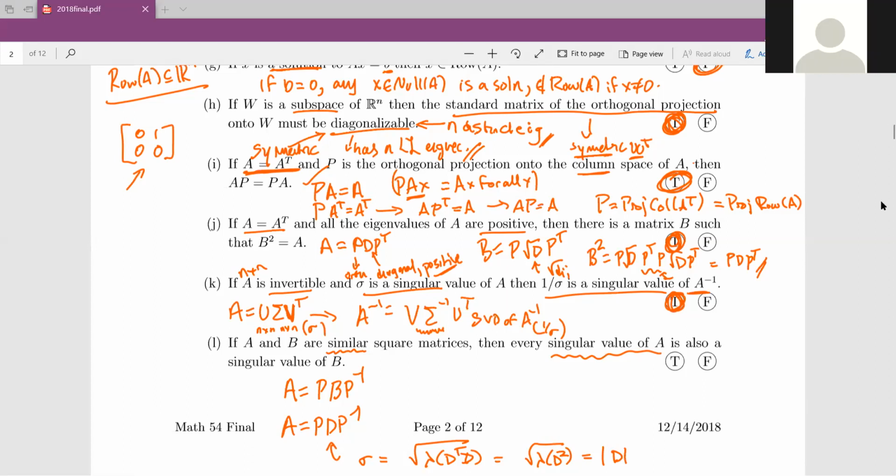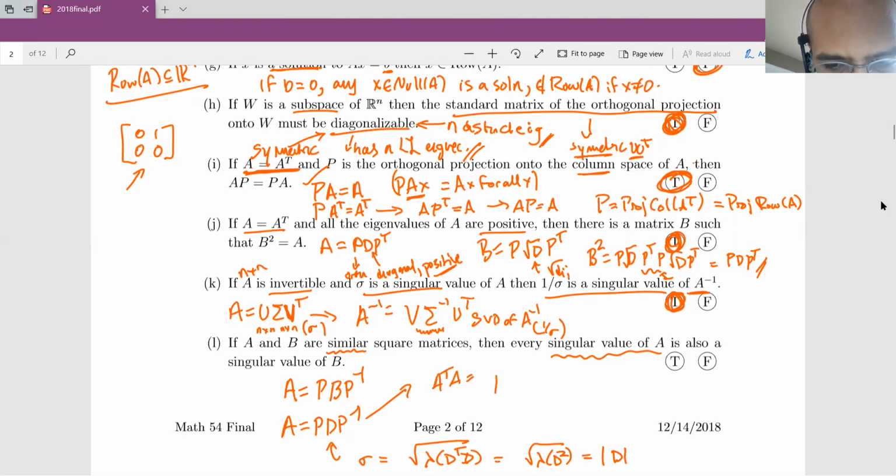I feel like since A and B are similar, that means they would have the same diagonal matrix, and then from there they have the same singular values. So that last step. Think about how you compute singular values of A. What's the first thing you do? For singular values, you need to find A transpose A. So what's A transpose A?